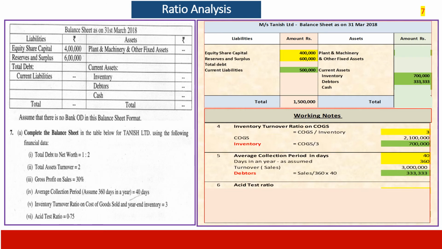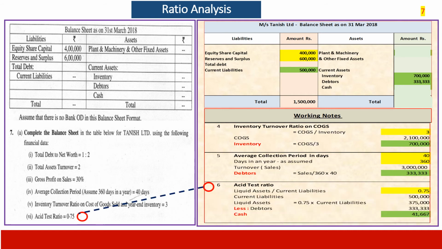Now we have to take up the acid test ratio, which is given here. Acid test ratio is nothing but liquid assets divided by liquid liabilities. In our case, as it is already indicated in the question that there is no bank overdraft, whatever current liability is there is also the liquid liability.